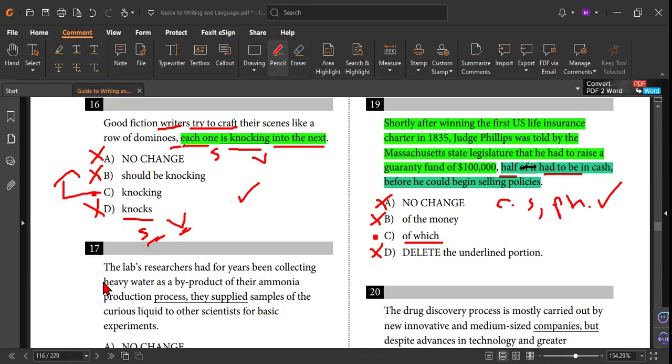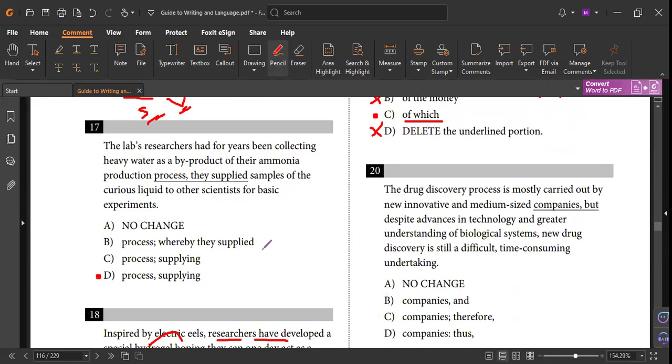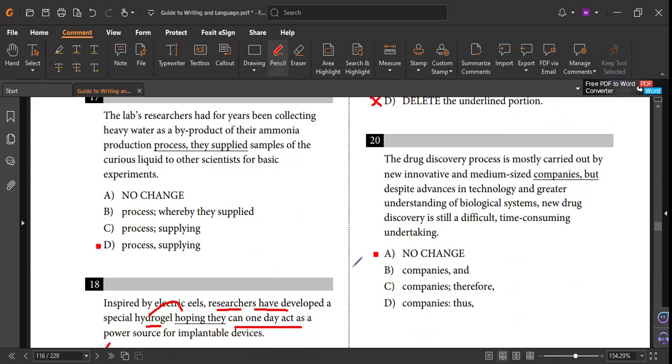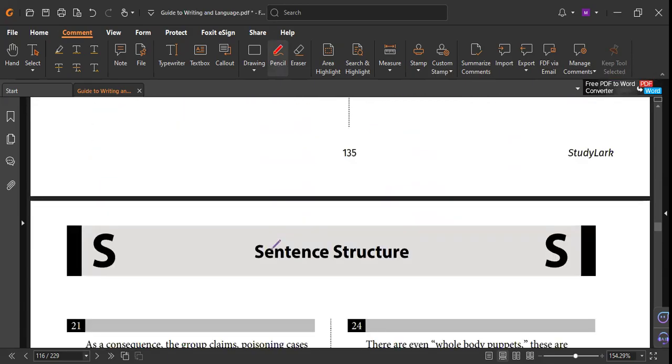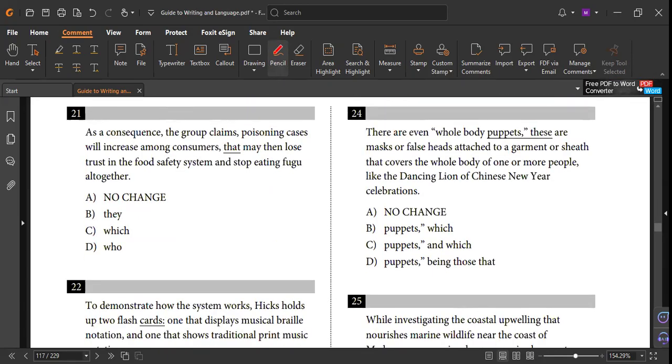20 is A. So why is it A? I don't know, I answered it A. So now for number 20, you said A. It's correct. Okay. 21. 21 is D. 21 D, correct.